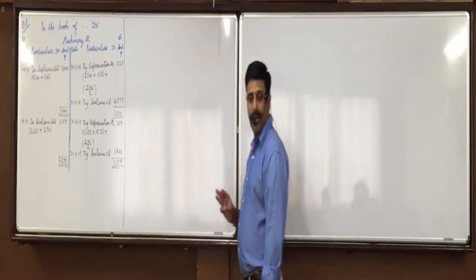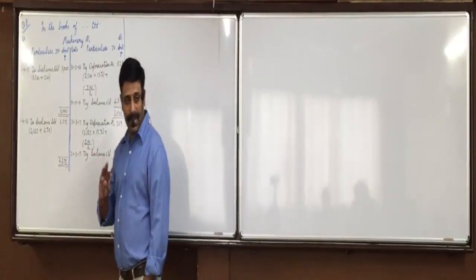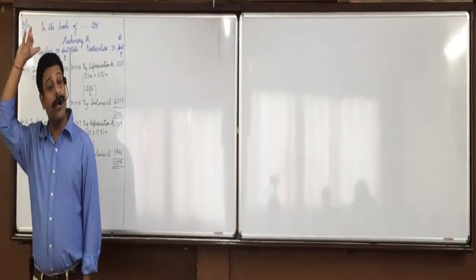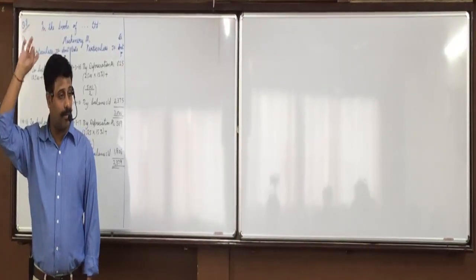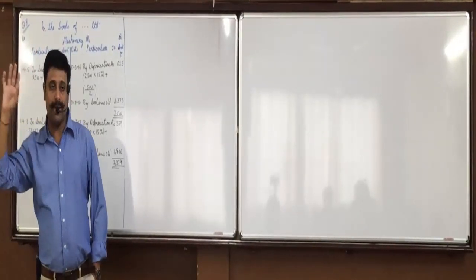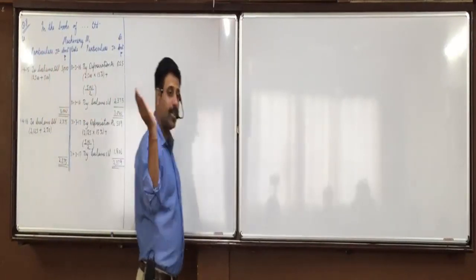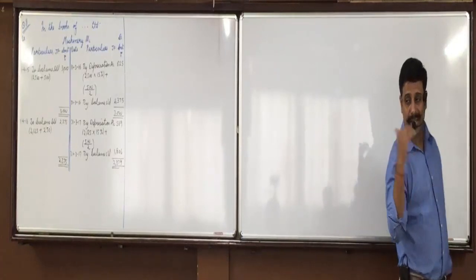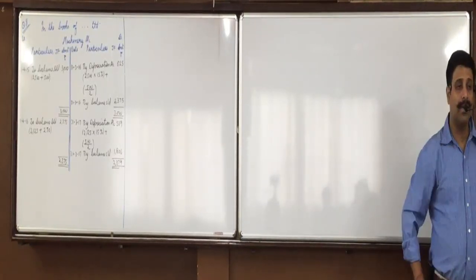Then we said, if there is a change in method of depreciation, changes should be made with retrospective effect, from the beginning. For past years, whatever change results in surplus or deficiency, surplus will be credited to P&L account, deficiency will be debited to P&L.